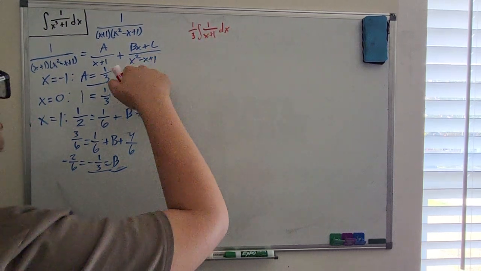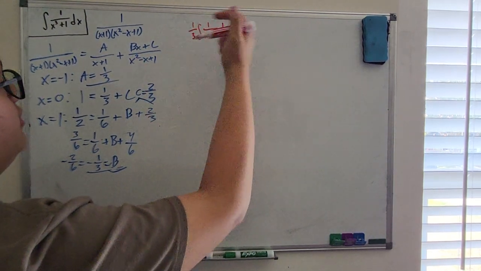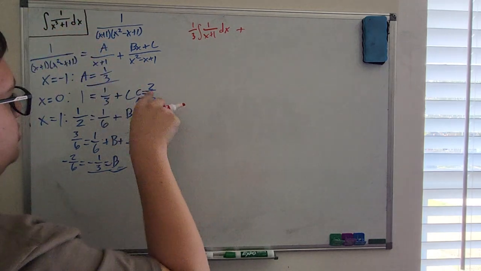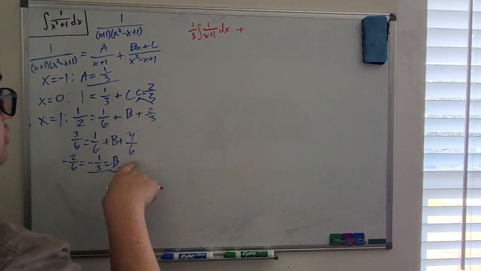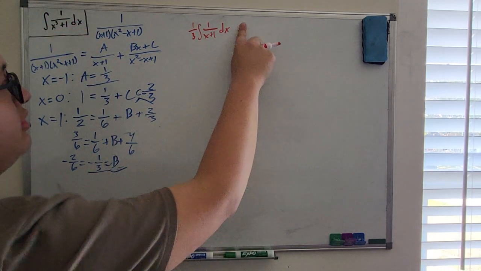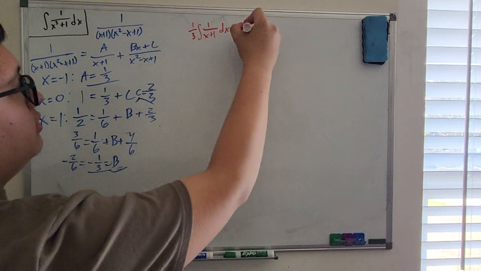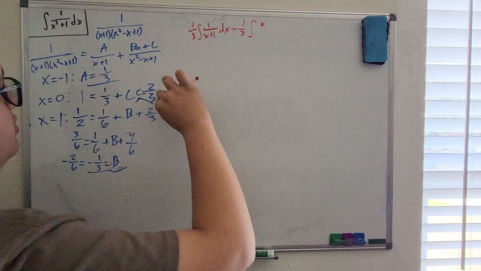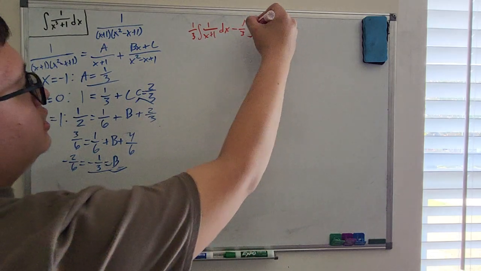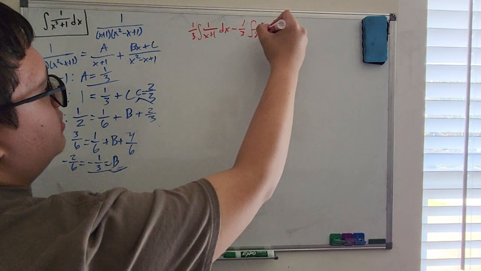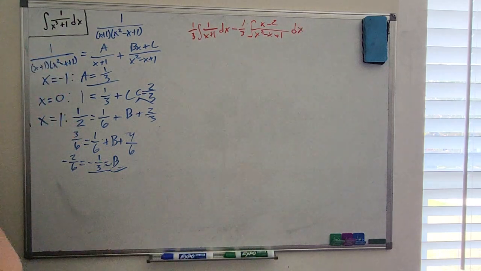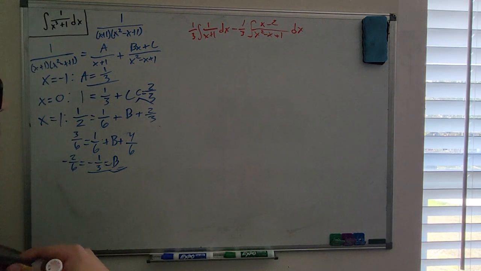That's our first one. Plus, we're going to combine everything. So we can factor out the negative 1/3, which would be a little bit easier, so it'll just be x, and then we factor out 2/3, which would just be minus 2, over x squared minus x plus 1, dx, all that. Okay, so now we have that, right?